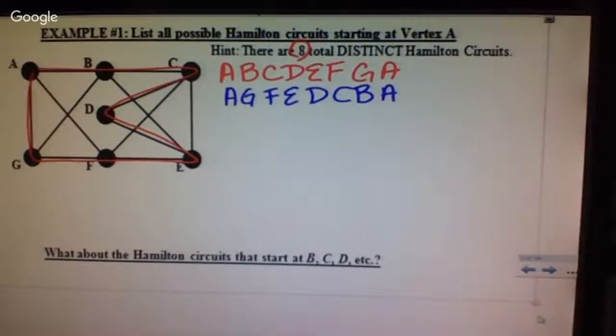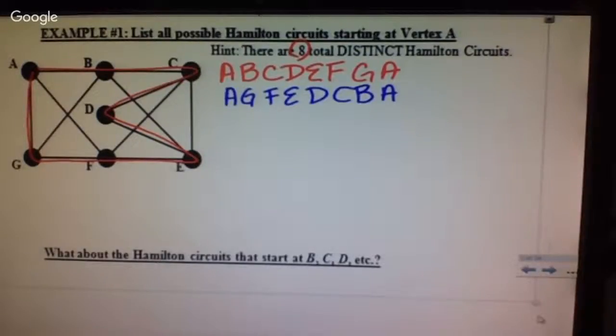Can somebody find me another one? Can we do A, F, C, D, E? Or, oh wait, you have to touch every dot. Yeah. Hamilton says you have to go to every place.